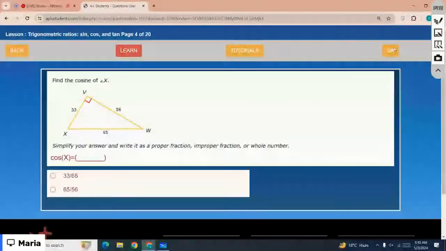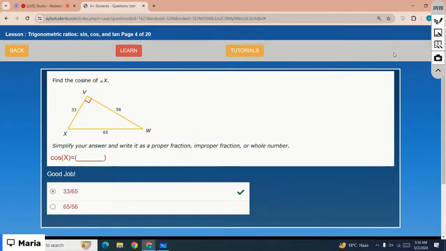The correct option is option number 1, that is 33 over 65.